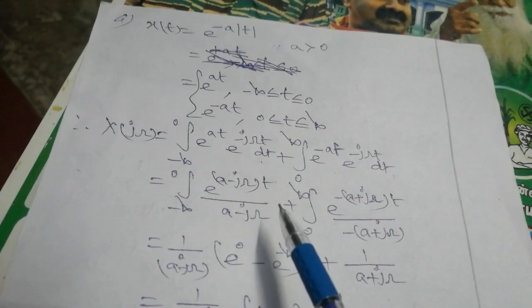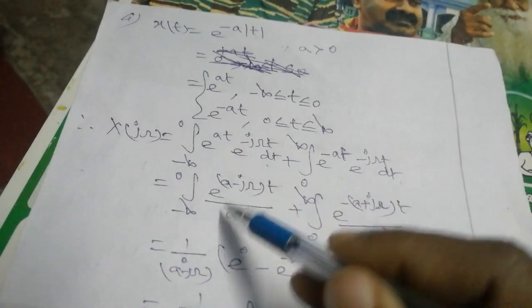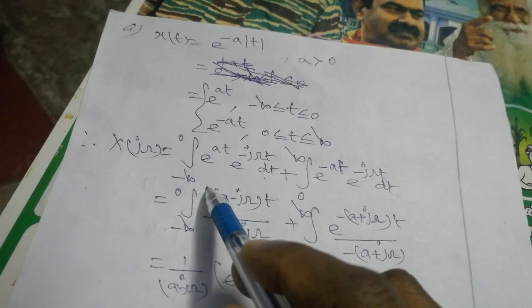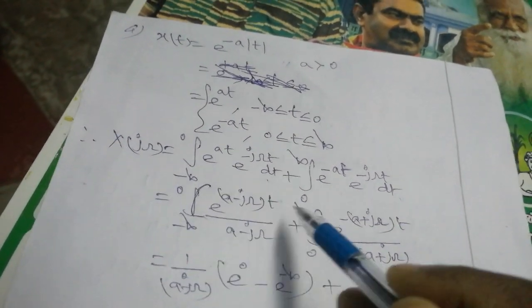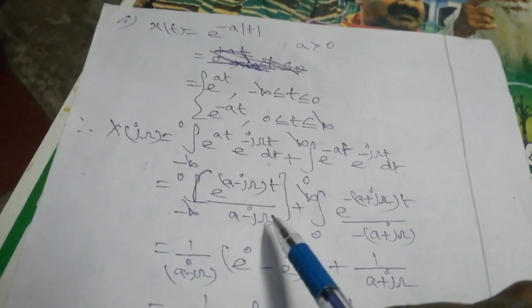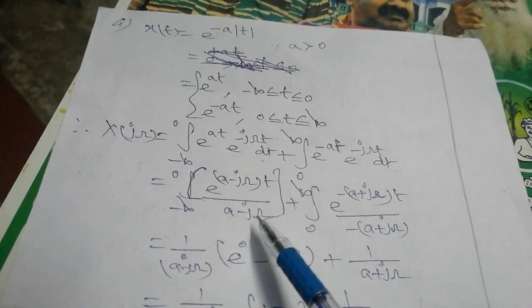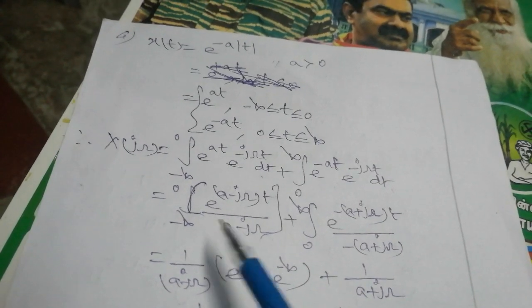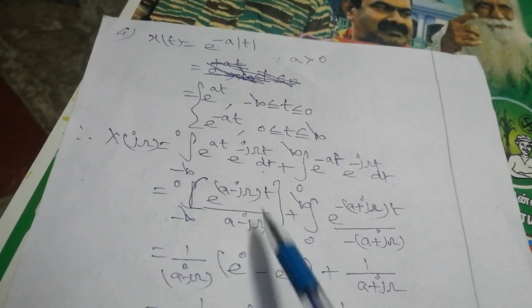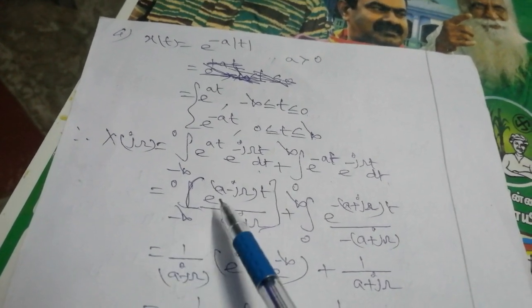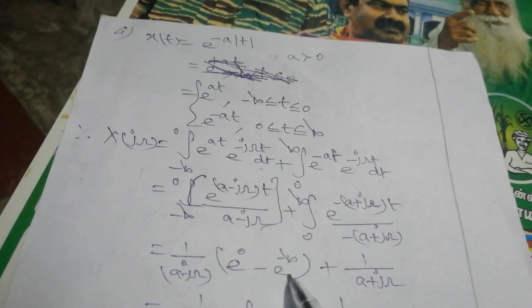After this integration only we got this answer. Okay, then it will be 1 by a minus j omega into, with upper limit it becomes e power 0, with lower limit it becomes e power minus infinity.